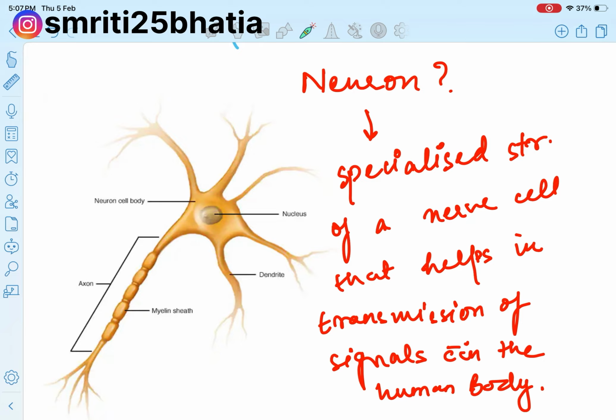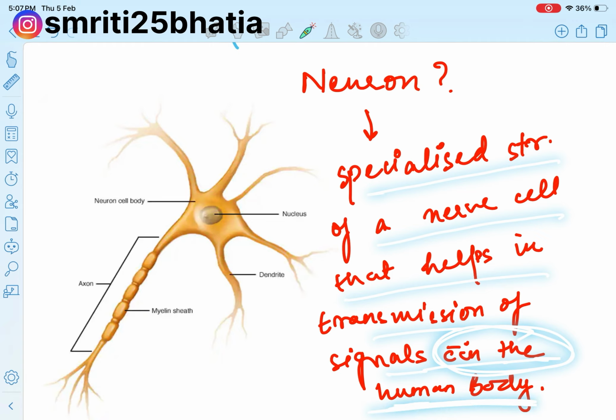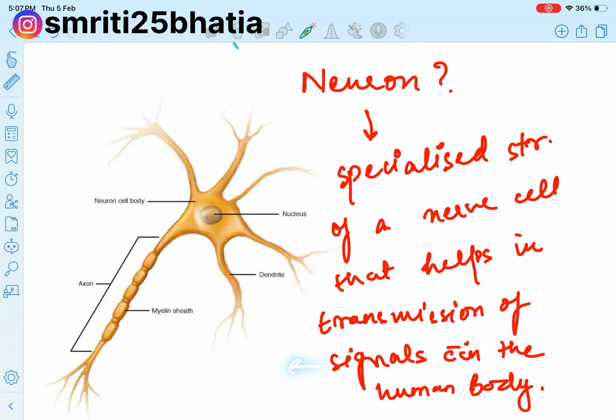Which type of signals? Here we are talking about electrical signals, the electrical impulses that carry the messages within the body. That is known as a neuron.